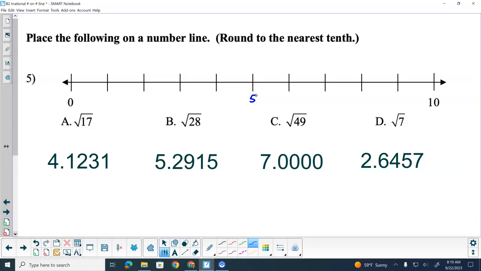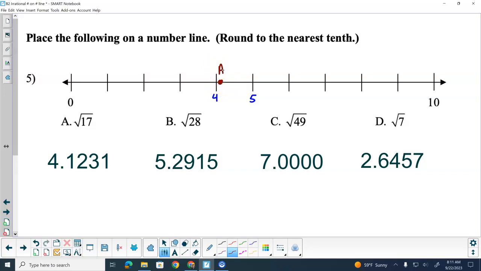So 4.123 would come somewhere in between 4 and 5, right? Would it be closer to 4 or closer to 5? Closer to 4, right? Everybody agree with that? Okay. So we're going to put our dot for A nice and close to 4.